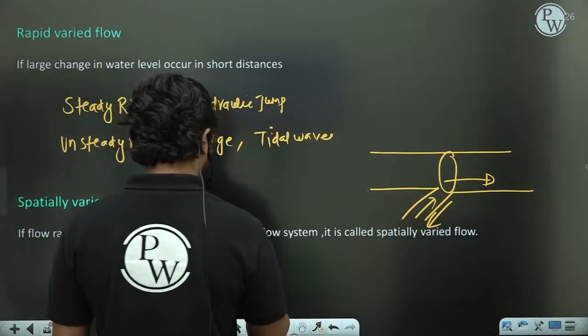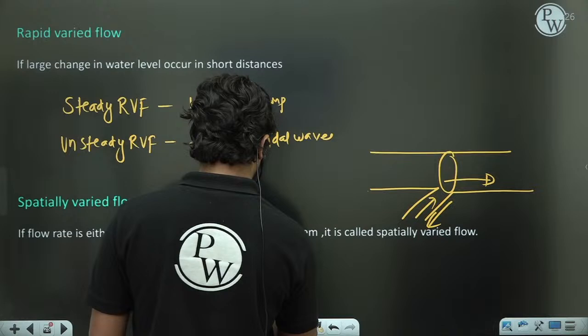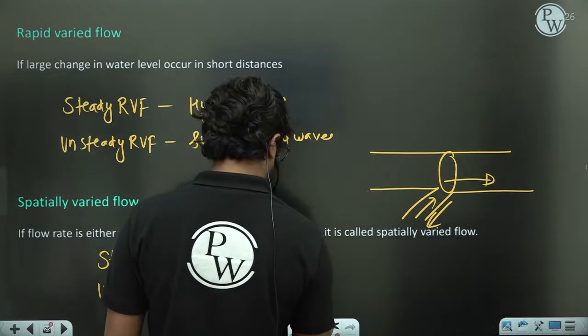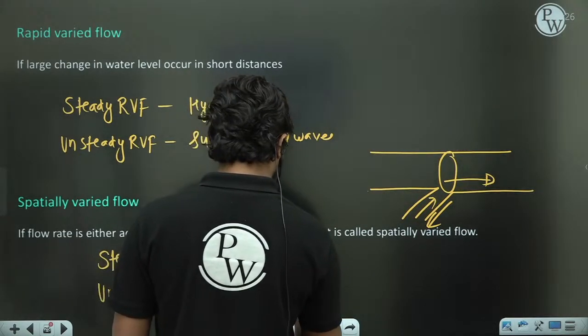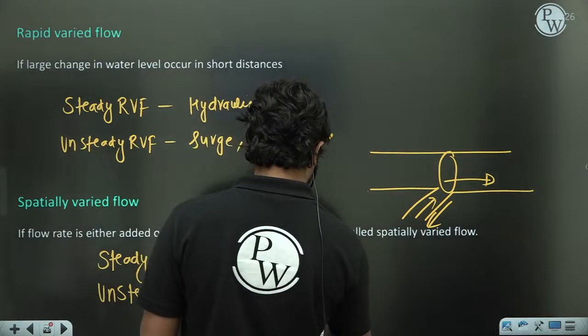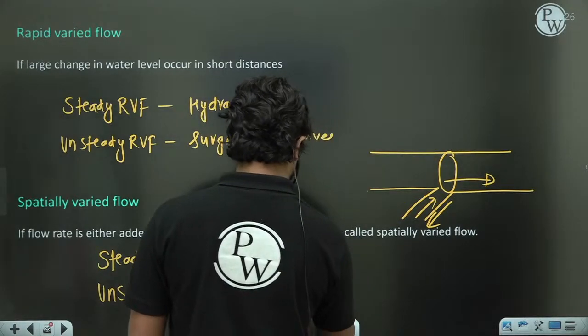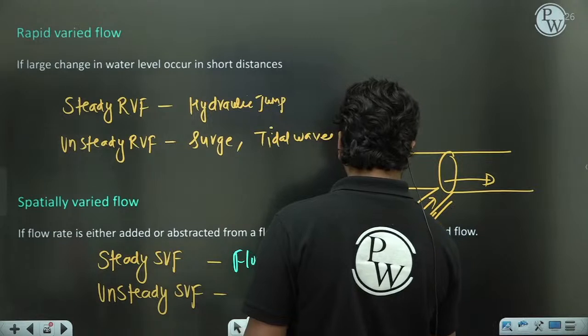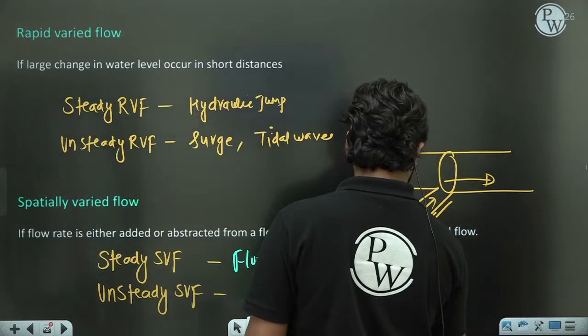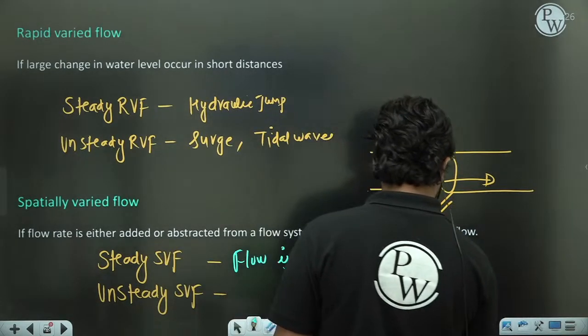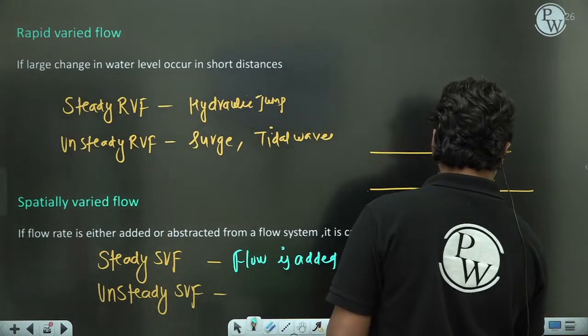So you can write: flow is added at a uniform rate through a weir.